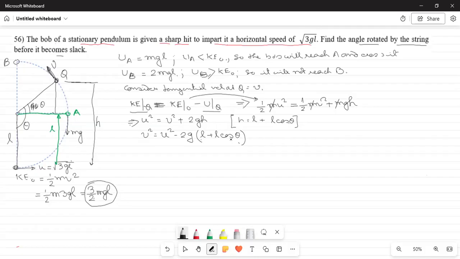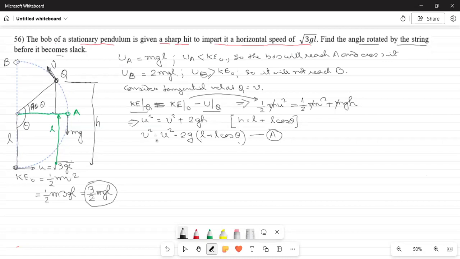Okay? This is one equation. This is one finding where we are equating the energies, potential energy and kinetic energy. And in this kind of pendulum problem, you will always have two equations.